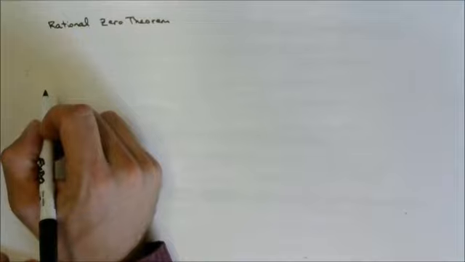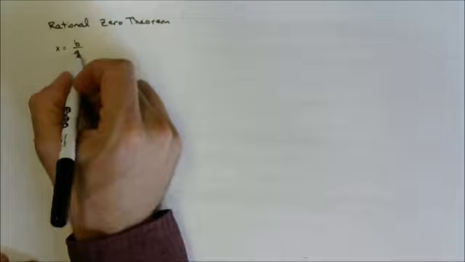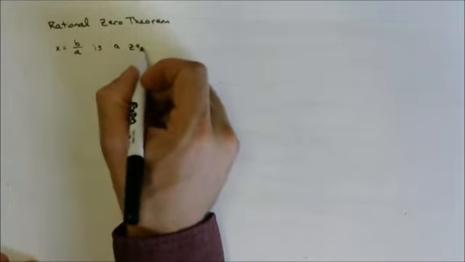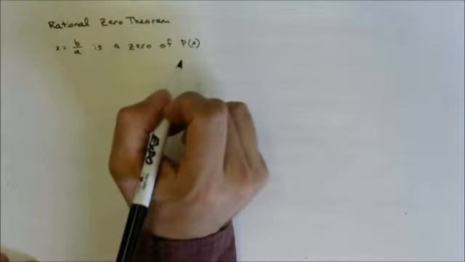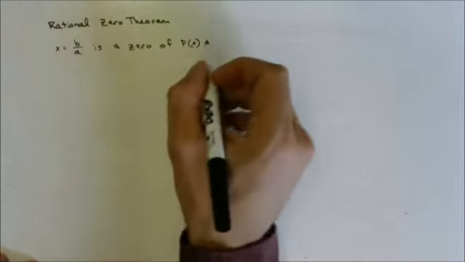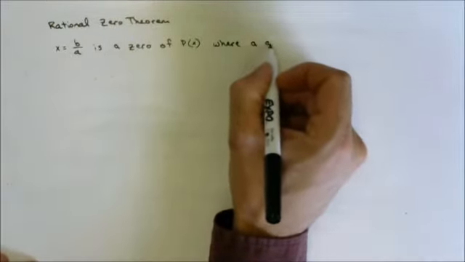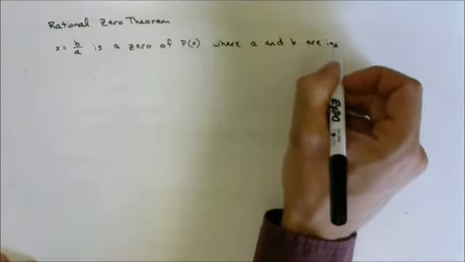This time, x equals b over a is a zero of any given polynomial where a and b are integers.